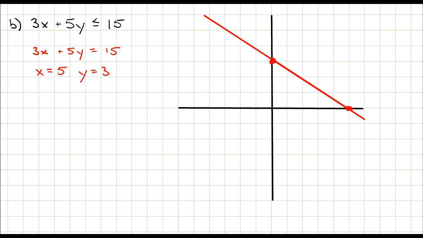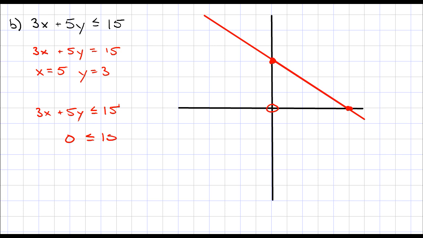And now I need to determine which side of the line I want to use. Do I want this side, or do I want this side? Well, again, the easiest way to determine that is by checking the origin. So I'm going to take the origin 0, 0 and plug it into the inequality. So again, the inequality is 3x plus 5y less than or equal to 15. If I plug in 0, 0, then I get 0 on the left-hand side.